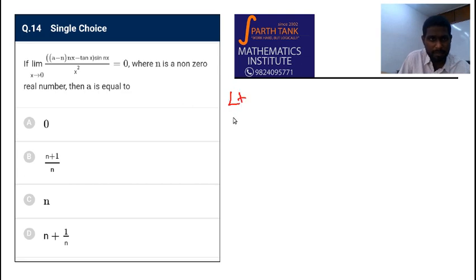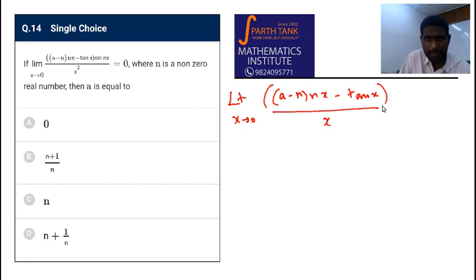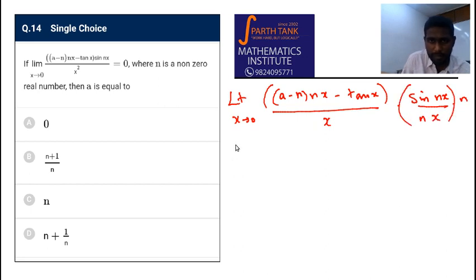Very simple limit, this. If you notice, I can split it like this: minus tan x, I keep the by x here, and then I put sin nx by x separately. And this can be done, right? I'm just splitting the two products and x here. And here I can multiply and divide by another n so that this becomes 1. So let's move further.